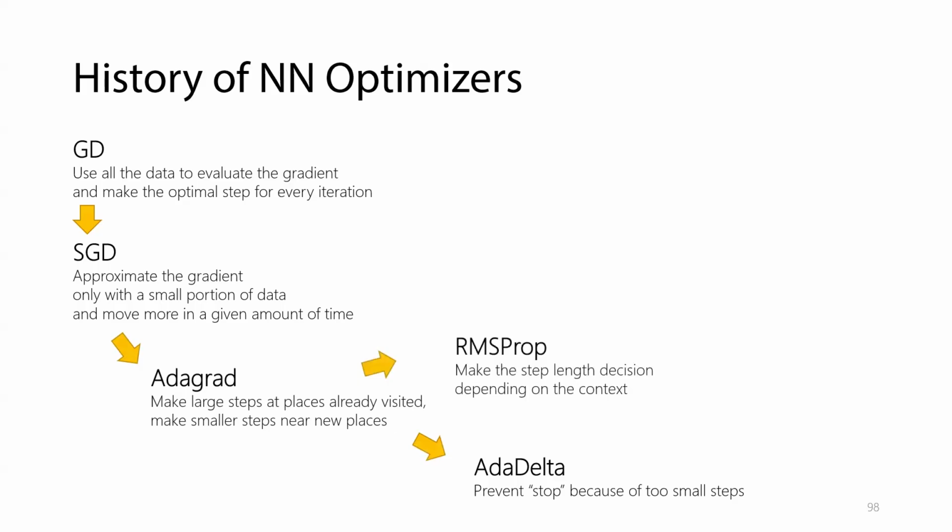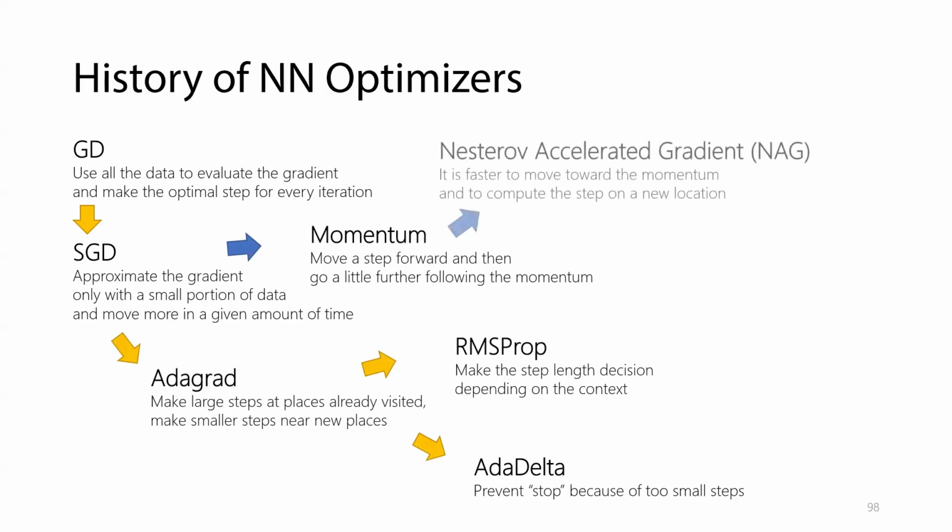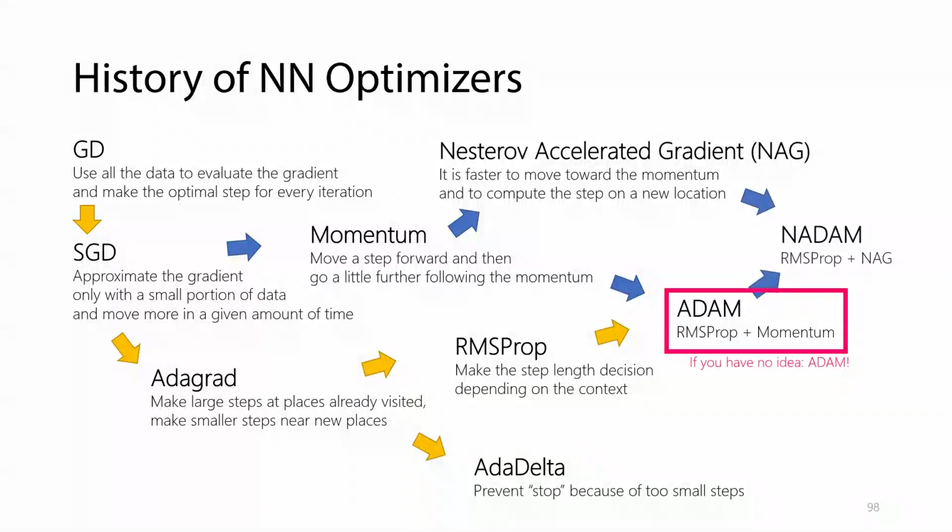We have ADAM, which is basically the combination of momentum and RMSprop. Being a hybrid method, it is very versatile. It inherits the advantage of momentum and also the advantage of the adaptive gradient. So if you have no idea what to do, ADAM is always a good starting point.